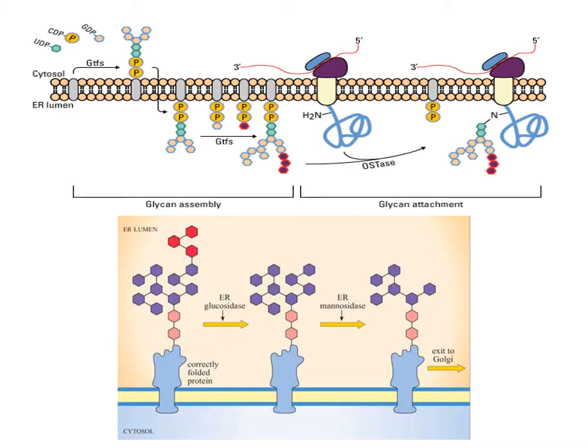Now we got cytosol. And inside, once the protein is folded correctly, then other enzymes actually trim these 3 glucoses. So the sugar tree is trimmed, right? If you're doing a Christmas tree, you start trimming it, so you put your decorations on. There's an enzyme called ER glycosidase that removes these 3 red sugars.